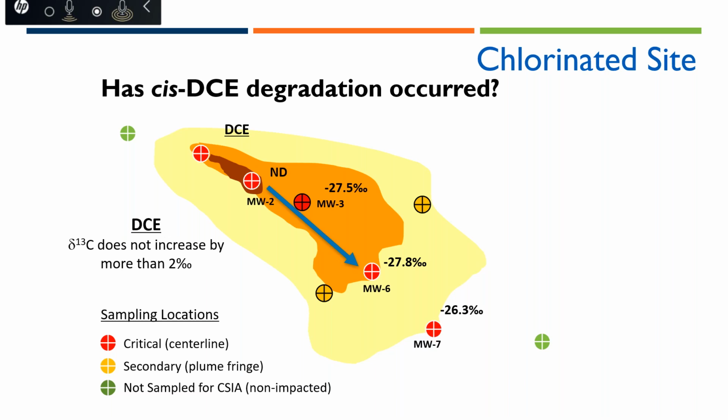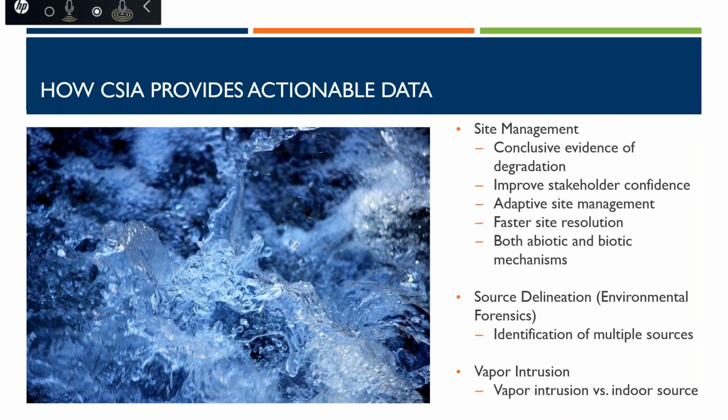Again, we want to see plus 2 delta in order to prove that cis-DCE is biodegrading. So in this case, we cannot say that cis-DCE is biodegrading. We would need to look at that and monitor it over multiple events to see that number become more positive in that same location or in down gradient locations in order to indicate that degradation is in fact happening.